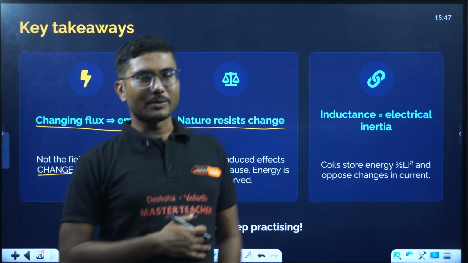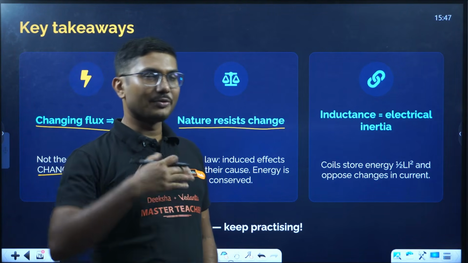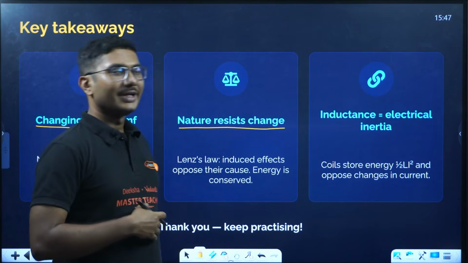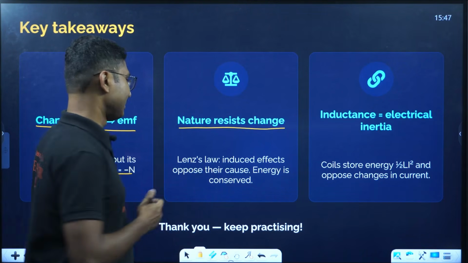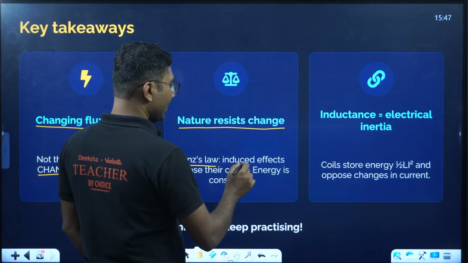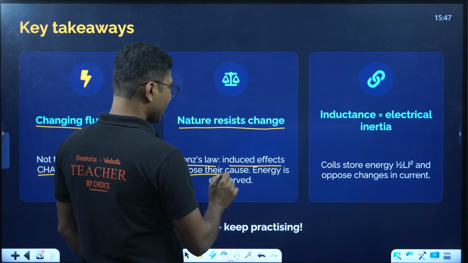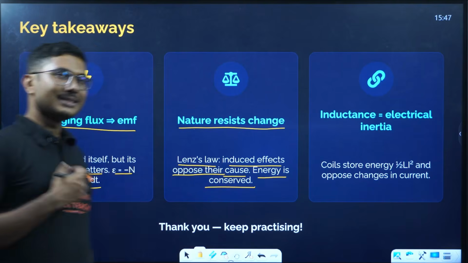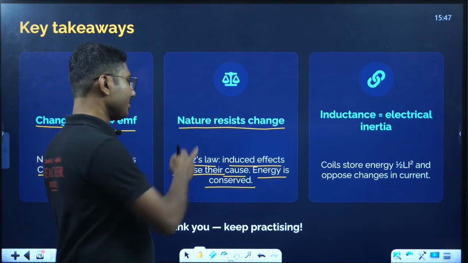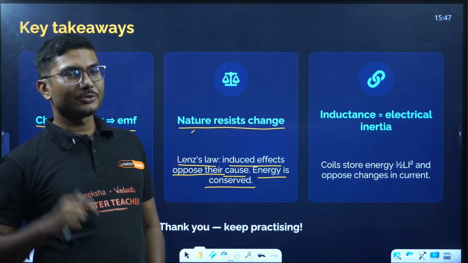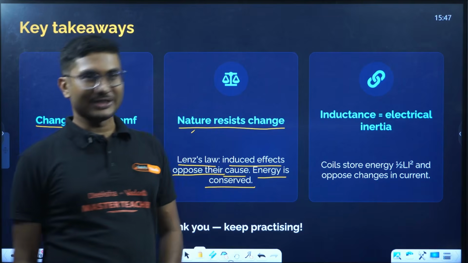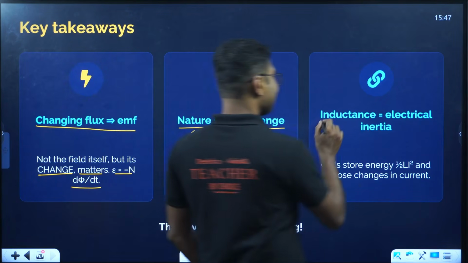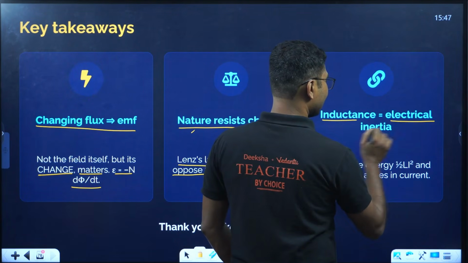If someone comes up with new ideas, everyone tries to stop him, because nature does not like any changes. Lenz's law: induced effects oppose their cause. Energy is conserved. That is the main reason nature tries to oppose the change.